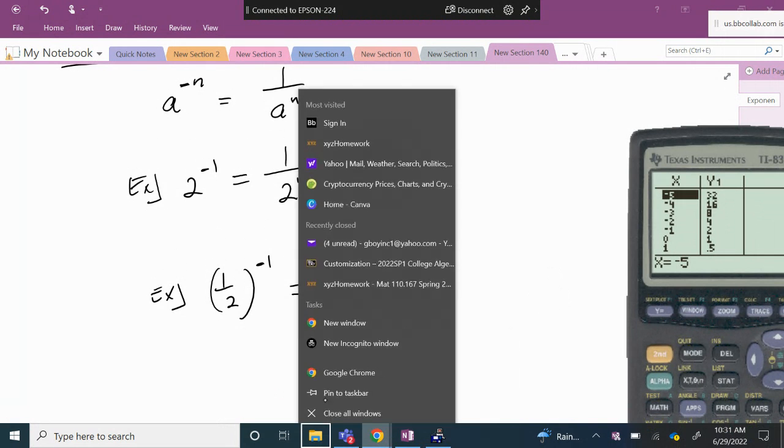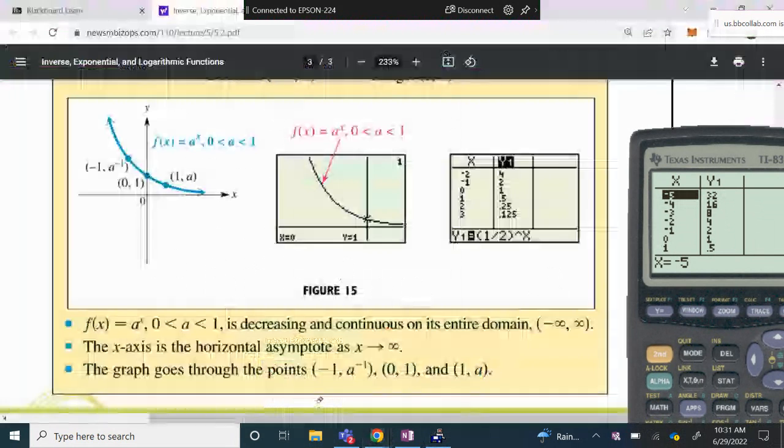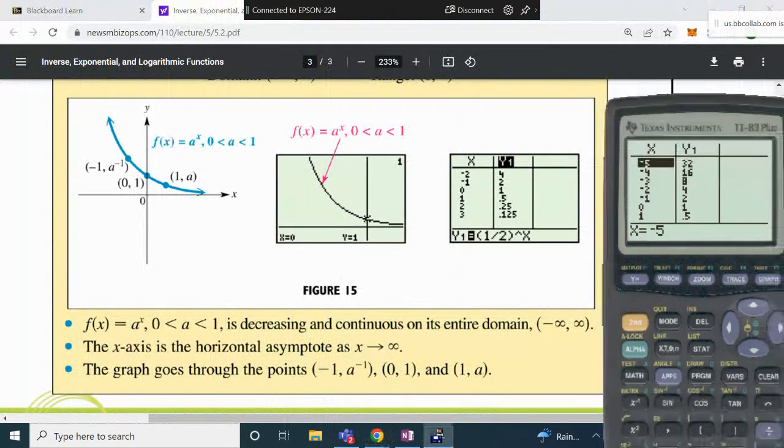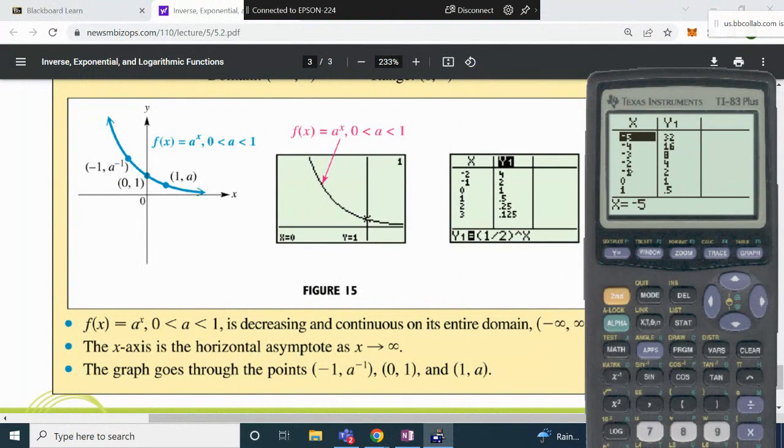So I actually have that point on my graph, right? -1, right, which is here, comma 1/2 to the negative first power, which is actually 2. So I have that point on my graph, -1 comma 2. I also have the point on the graph 0 comma 1.